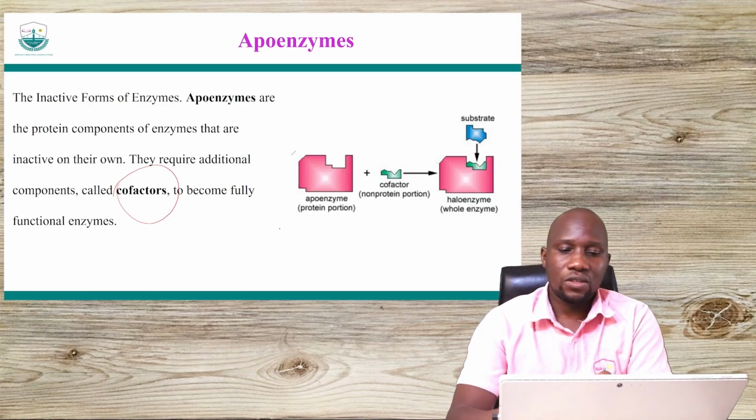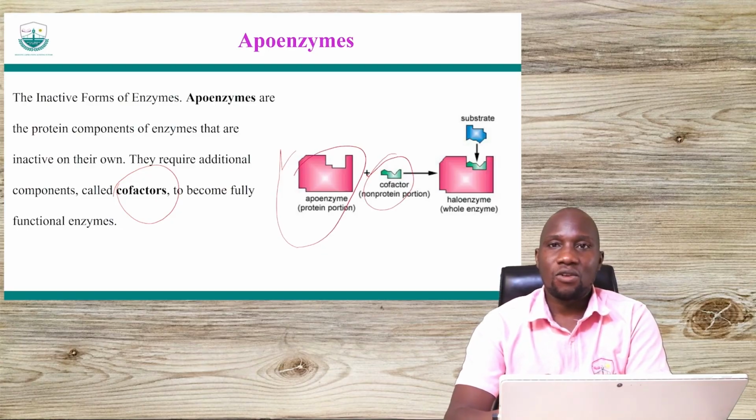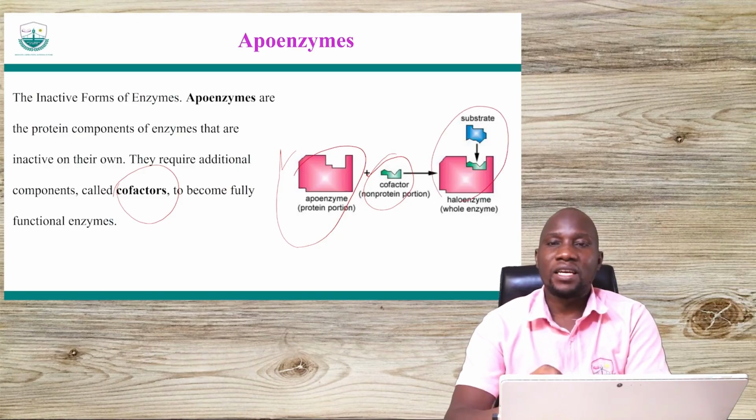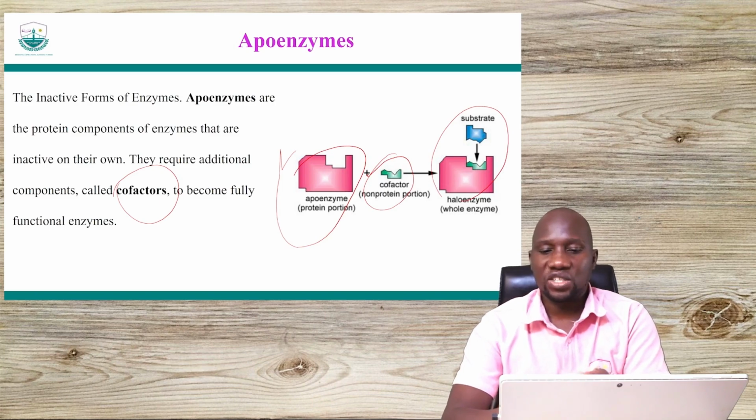Okay, so this is the inactive one, so it needs another thing that is a cofactor, the non-protein component. It can be inorganic, can be organic, and then when it is there, you can have it combined with the substrate and then the reaction happening.